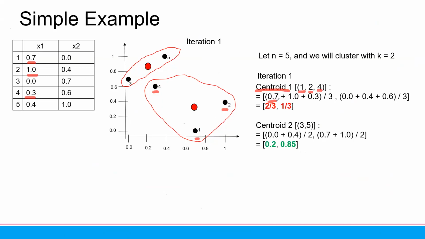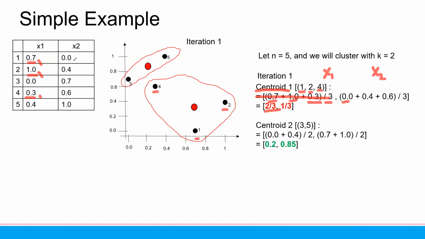So for x1: 0.7 plus 1.0 plus 0.3, divided by 3, gives 2 over 3. What about x2?